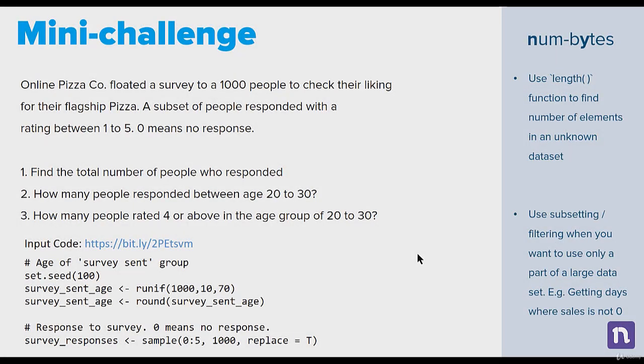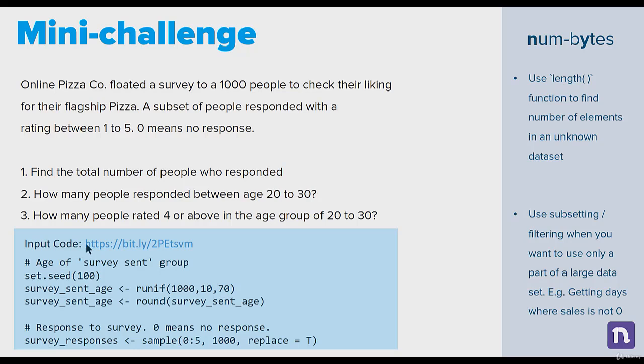So this is the mini challenge for this video. The pizza company floated a survey to 1,000 people to check their liking of their flagship pizza. A subset of people responded with a rating between 1 to 5. If the value is 0, it means there was no response. Try to answer these questions based on this input. And we have an input code that goes into this question.